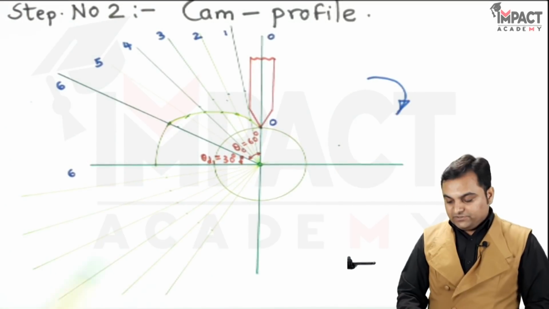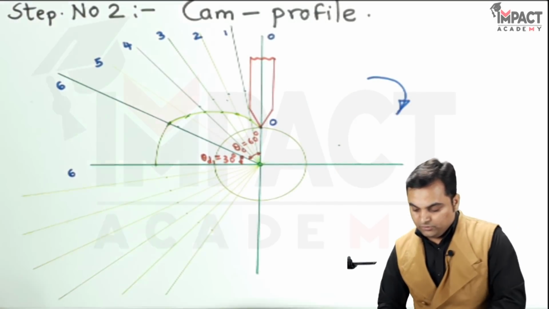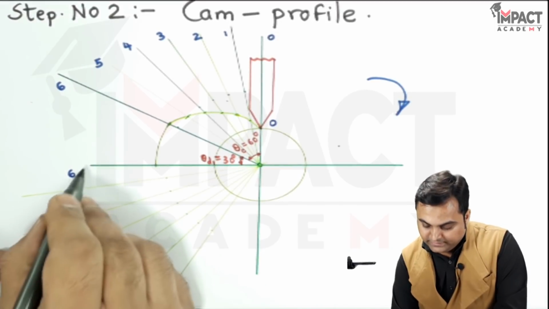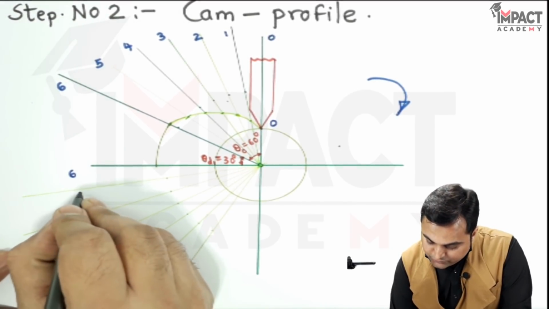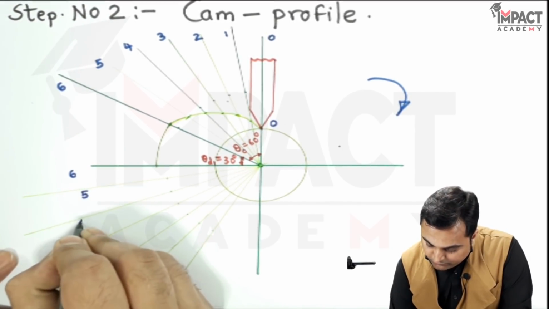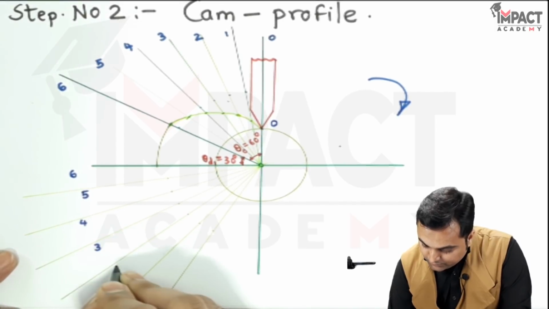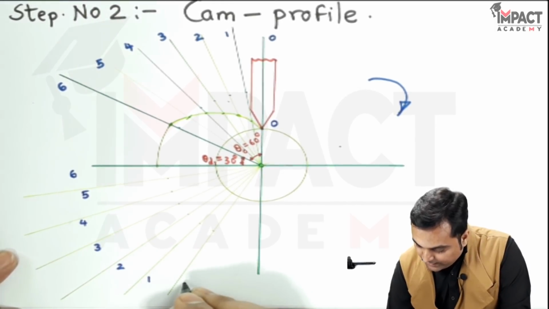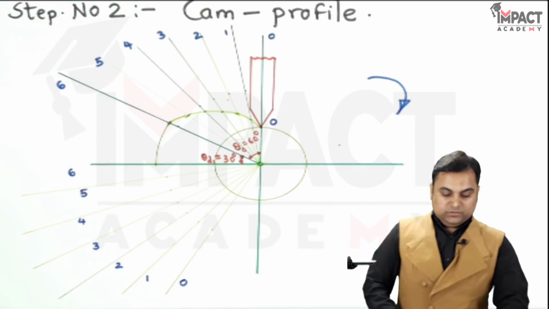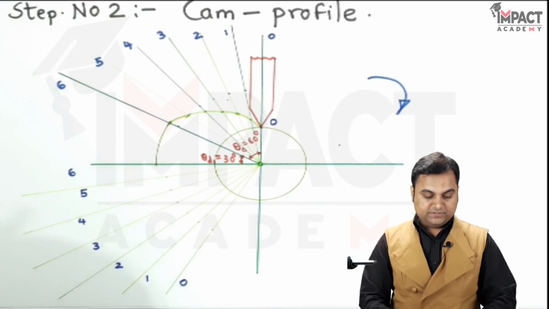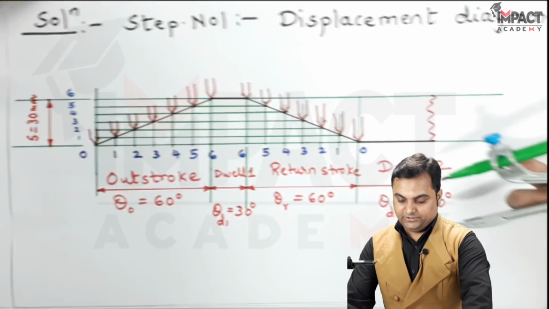So I have divided the return stroke and giving the notations in the reverse order, like this is 6. So here this would be 5, 4, 3, 2, 1 and 0. After point 6, it is returning.